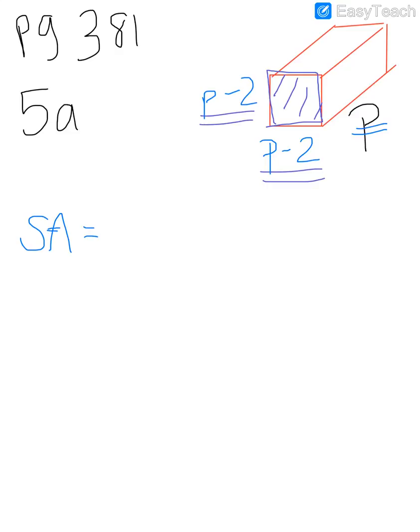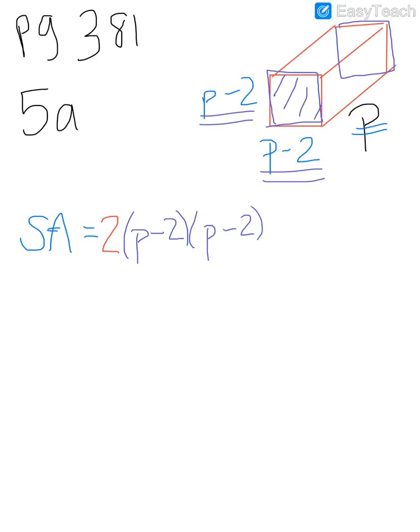I'll write p minus 2 times p minus 2. That's how you find the area of that square. But then, how many squares are there? Hopefully you'd recognize that there are 2 squares, so you'd have to put a 2 in front of it. Okay, that takes care of those 2 squares.